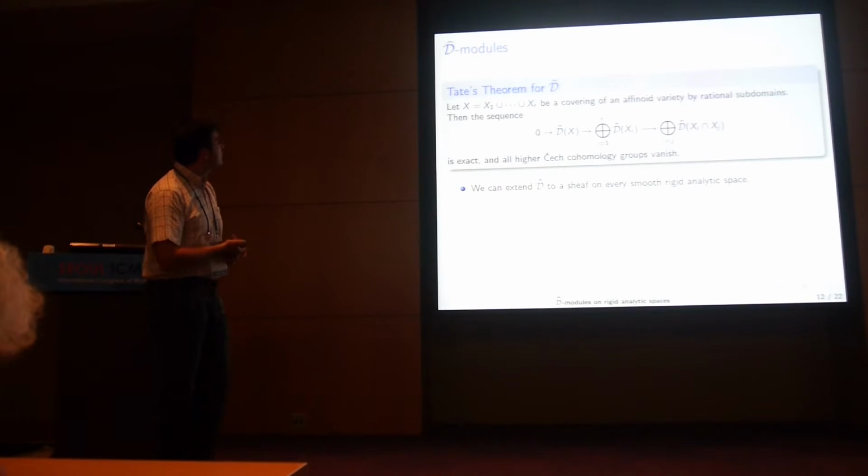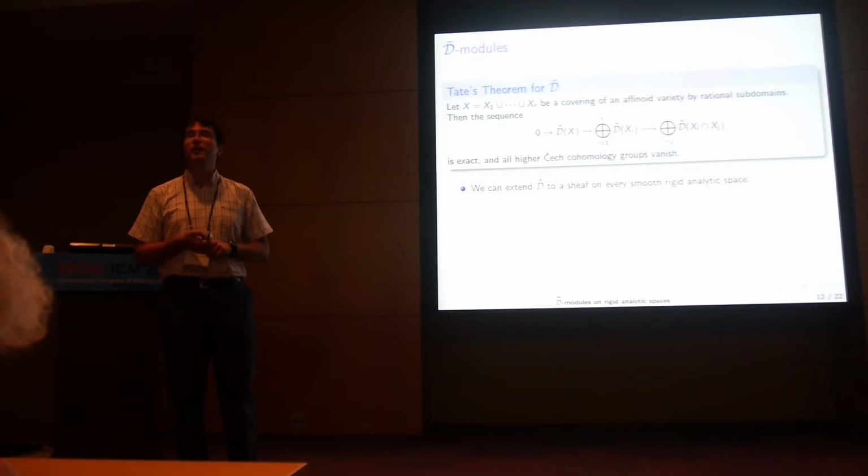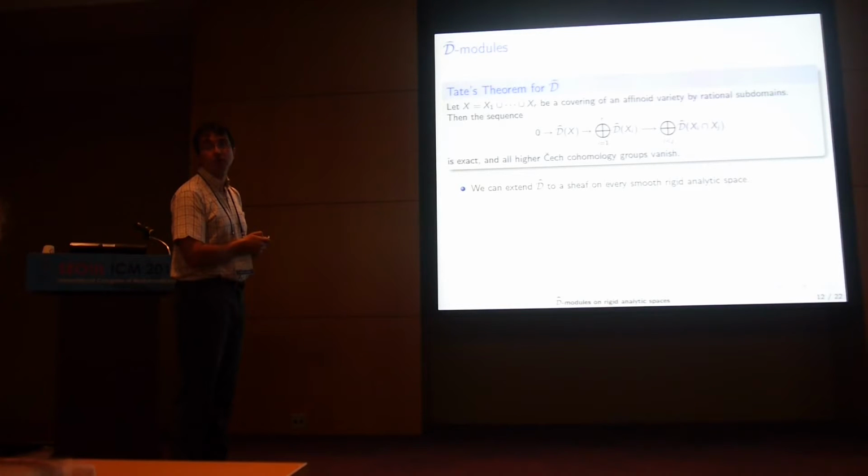So here are some theorems. We can prove that Tate's theorem holds for this D-hat. It's local. It's got no higher cohomology for any finite covering of an affinoid by rational subdomains. That's enough for Tate geometry. And this property is what allows us to extend D-hat to a sheaf on every rigid analytic space.